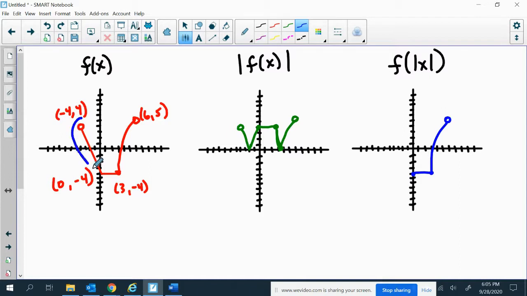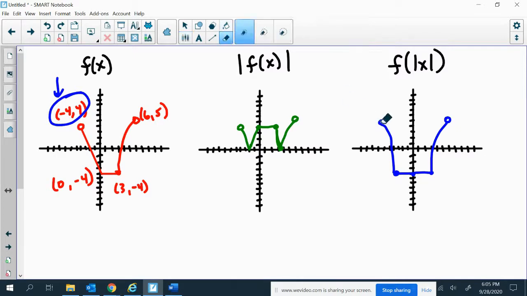Now this line essentially goes away, and I need to reflect everything that was on the right over to the left side. And so this parabola continues, and I end up at (-6, 5). Except notice that my domain stopped at -4. So that means that instead of going all the way to -6, I actually have to stop once I get to -4.